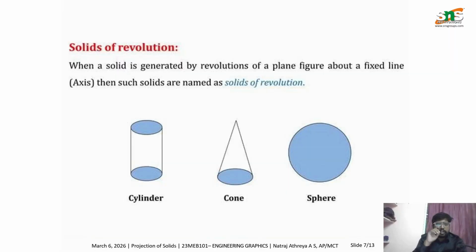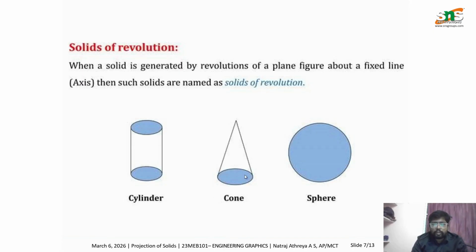Next is solids of revolution. When a solid is generated by revolution of a plane figure about a fixed line or a fixed axis, then these solids are called solids of revolution. Let's say, for example, if you have a rectangle and we revolve it around this axis, we get the cylinder.